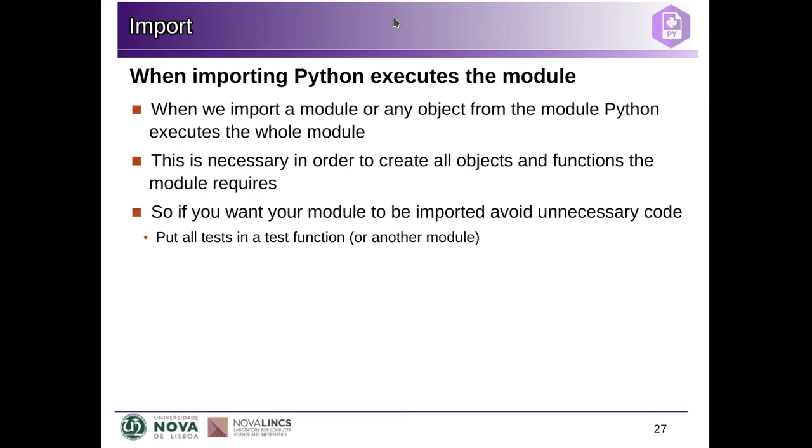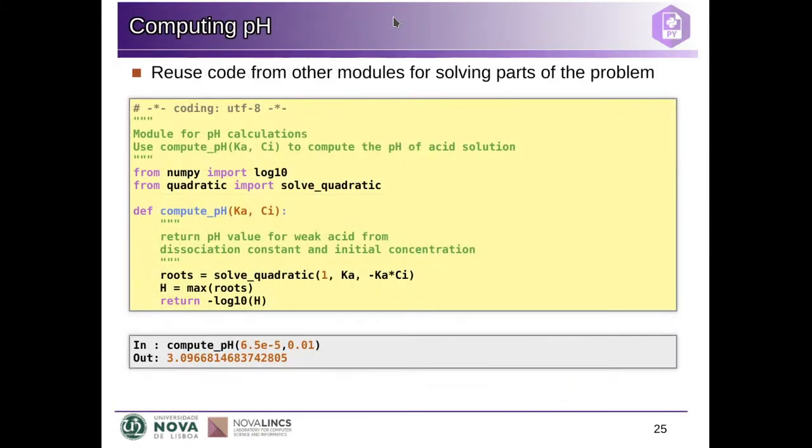Okay, so when you import a module, any module in Python, or even if you just import a single object from the module, Python needs to execute the whole module. The reason for this is that even if we are only importing, for example, the base 10 logarithm or the solve quadratic function, it could be that these functions need to use other functions in the module or even other modules.